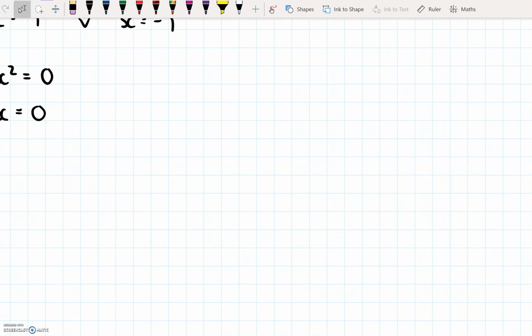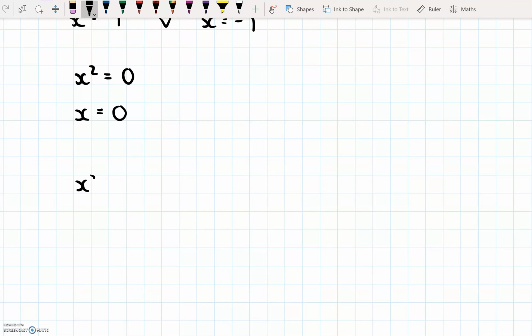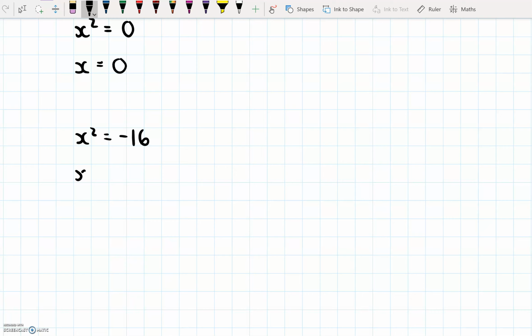Now, what if we have x squared equals minus 16? We talked about this when we did the square root unit, because x is going to be equal to the square root of minus 16, or x is going to be equal to the negative square root of negative 16.